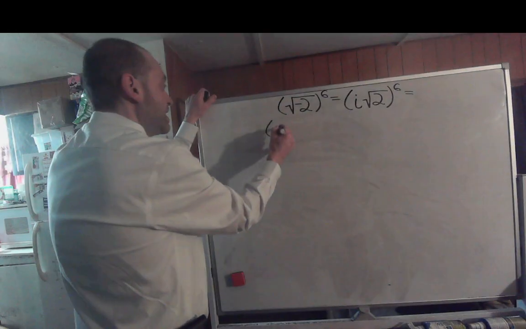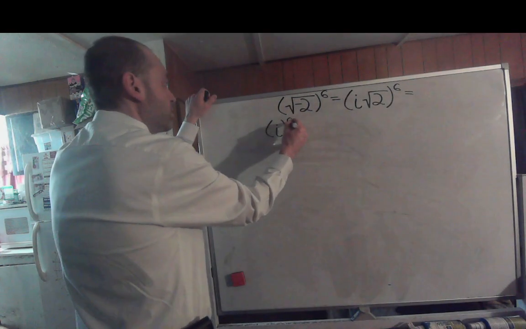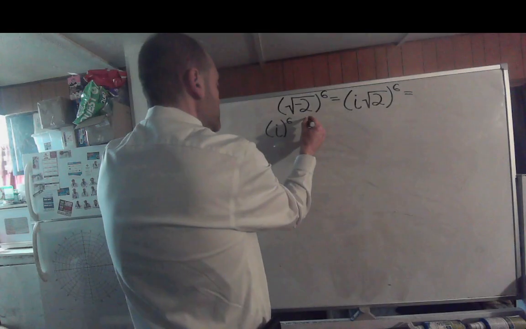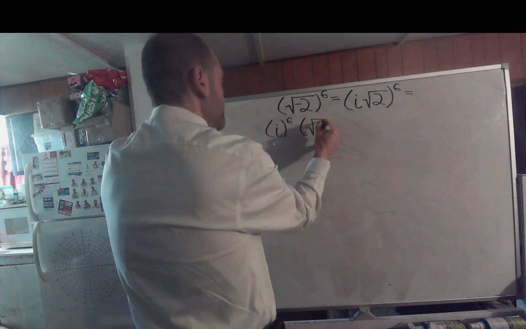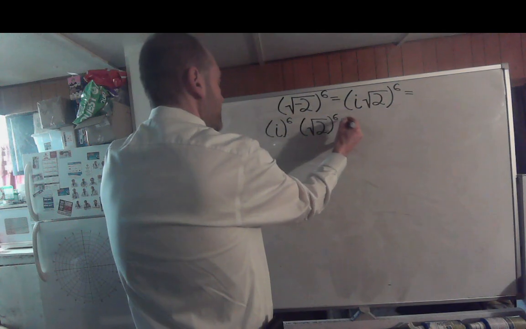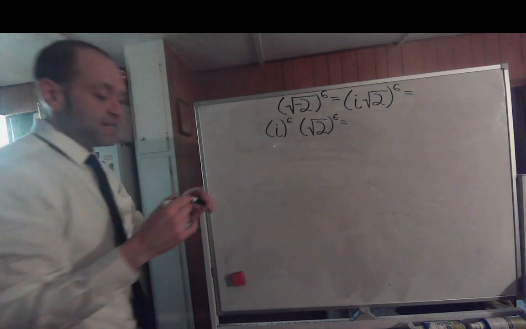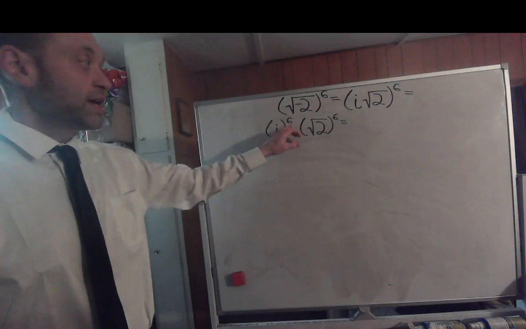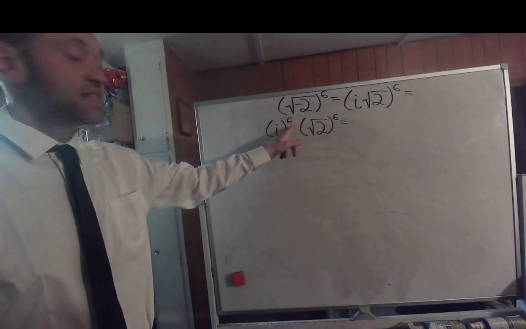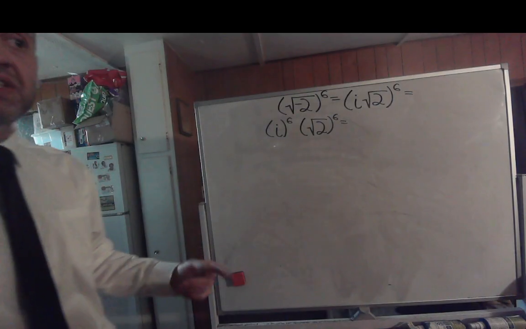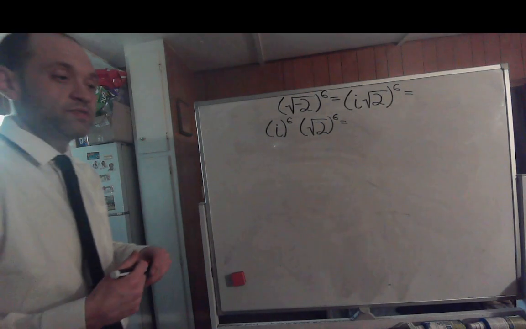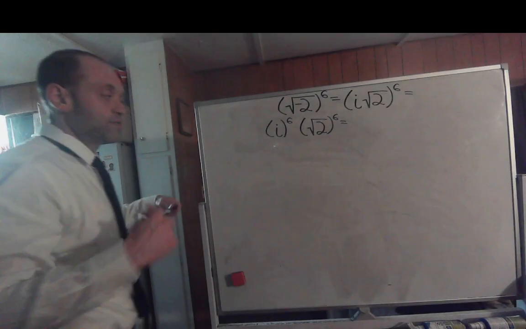So let's separate these. This is the same as i to the 6th power times the square root of 2 raised to the 6th power. Now, what is i to the 6th power? It's greater than 4, right? So let's take 6 divided by 4. 4 goes into 6 one time, but you have a remainder of 2. It's that remainder of 2 that matters.